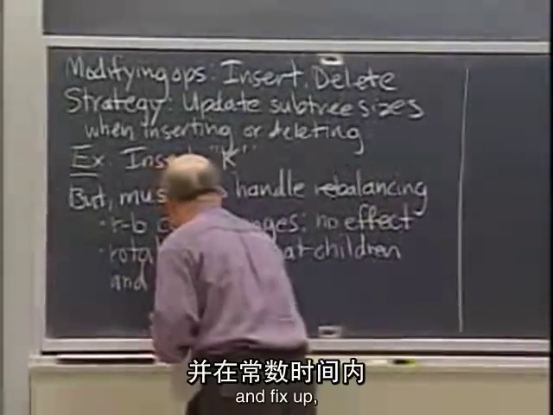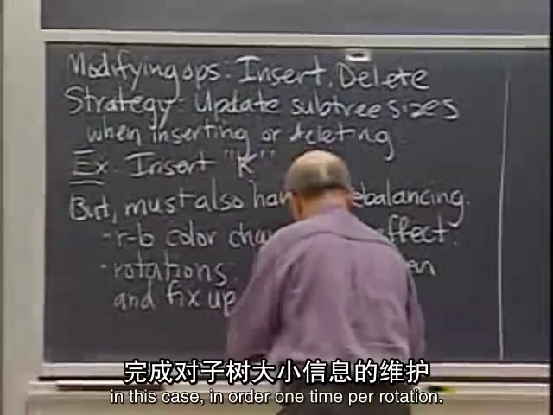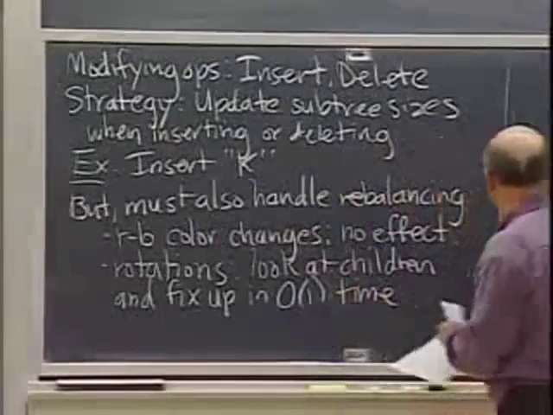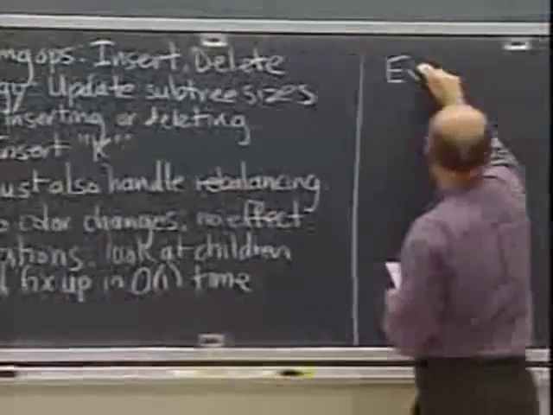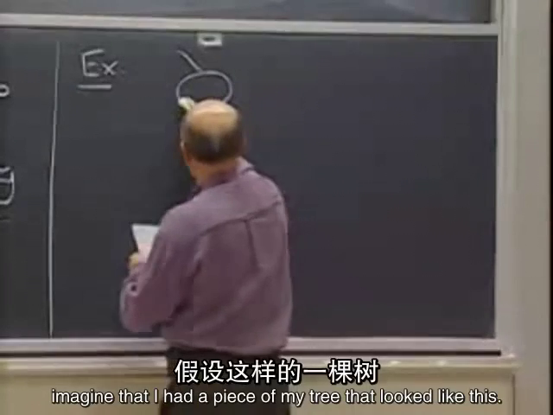And fix up, in this case, in order 1 time per rotation. So, for example, imagine that I had a piece of my tree that looked like this.